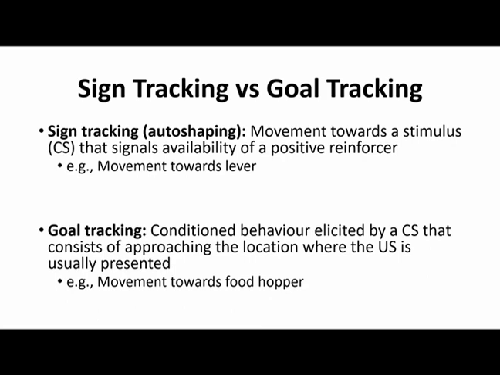Rats that are sign trackers end up showing a greater psychomotor sensitization to cocaine and some other drugs as well. They also see greater activation of the dopamine reward circuit in their brains and elevated cortisone levels in their plasma. So all indicators that would make them much more susceptible to drug addiction.